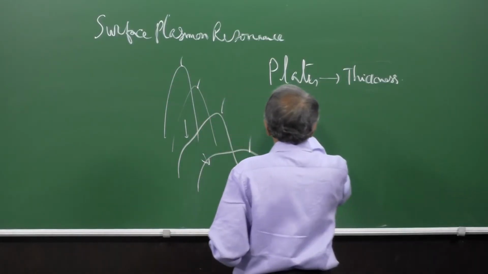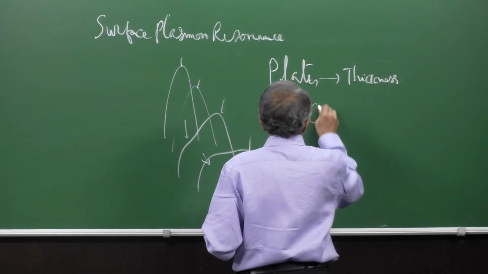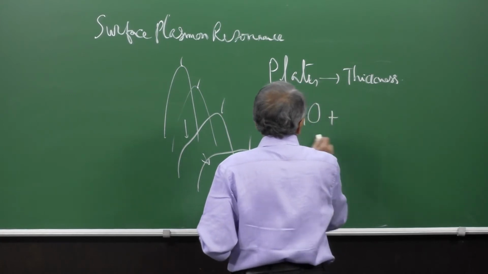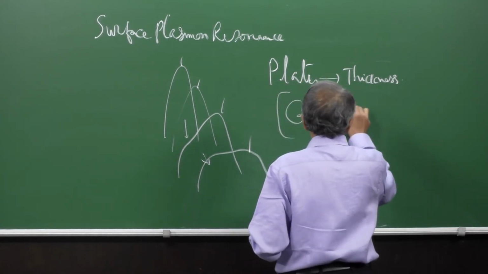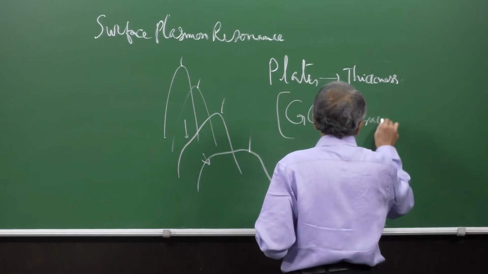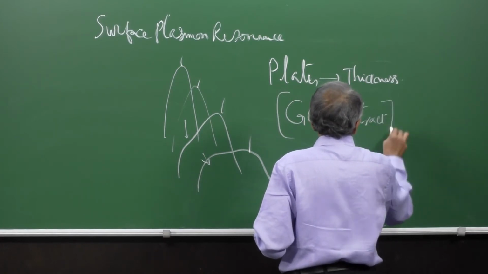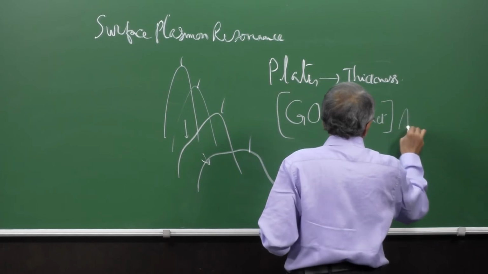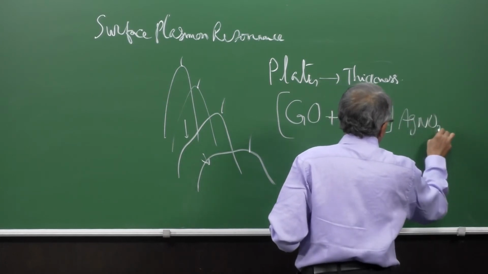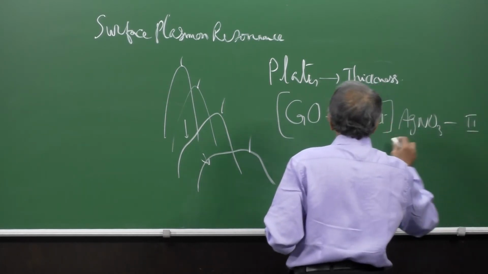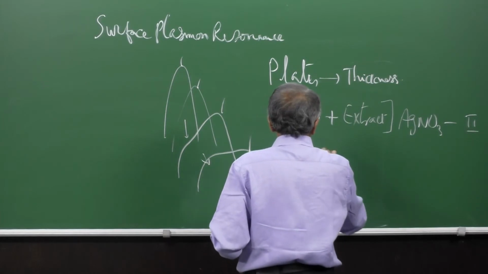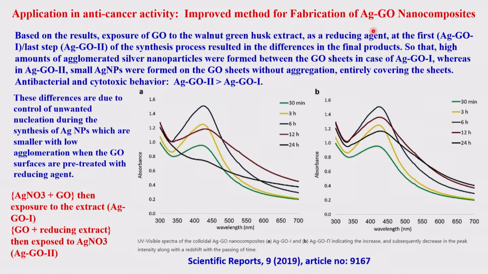So you have your graphene oxide plus this extract, and silver nitrate. This is shown as type 2 here: the graphene oxide plus AgNO3, then added to the extract.